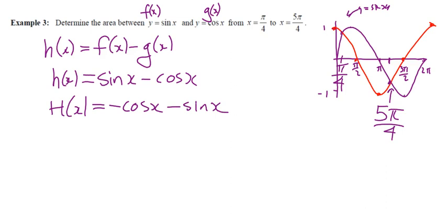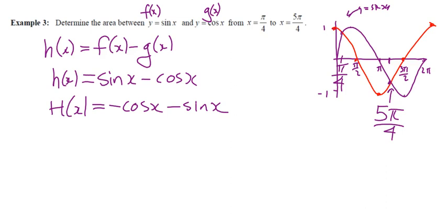Minus cos x minus sine x? So the derivative of cosine is minus sine, right? But I want positive sine. So if I just put cosine there, I'm going to get minus sine. So I'm going to put a minus sign in front of the minus. You get the idea, right? And the derivative of sine is cos, so we just put a minus sine x.